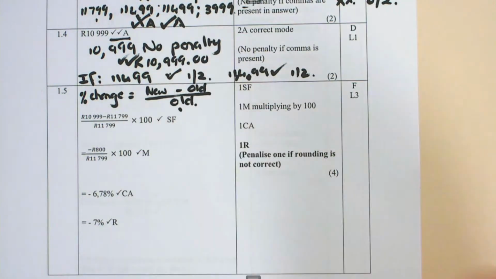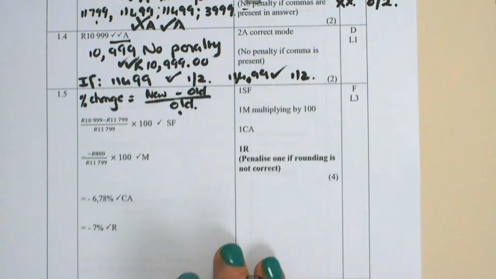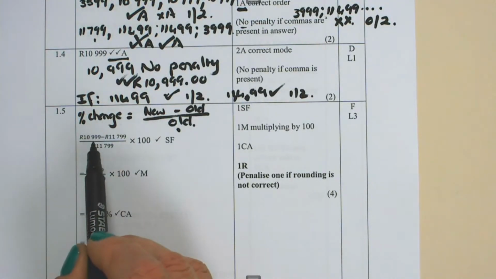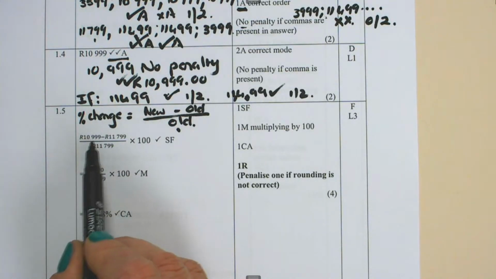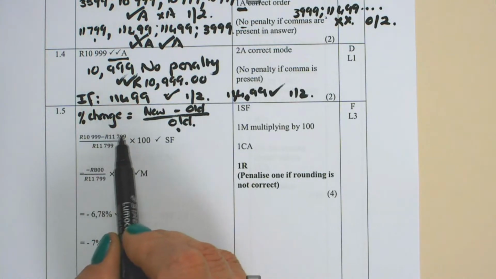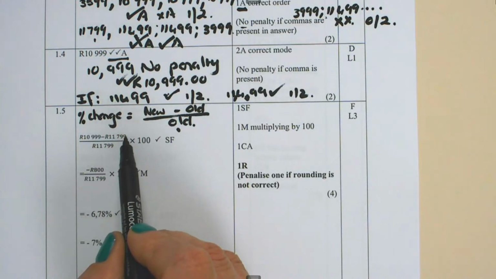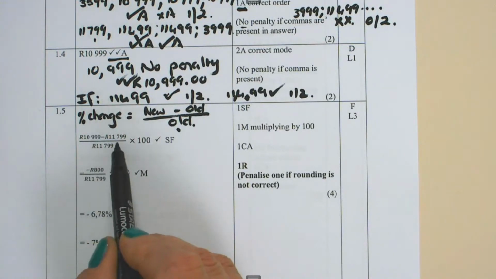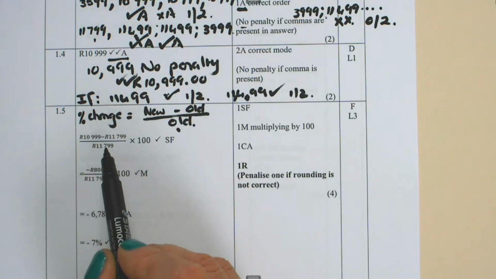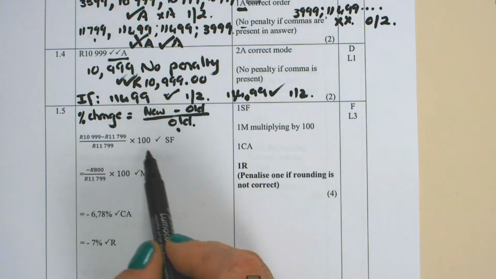We always put old at the bottom. So the new price is the lower price of 10,999 rand, the original price of 11,799 rand is there, and we divide by the old price, which is 11,799 rand, multiplied by 100.